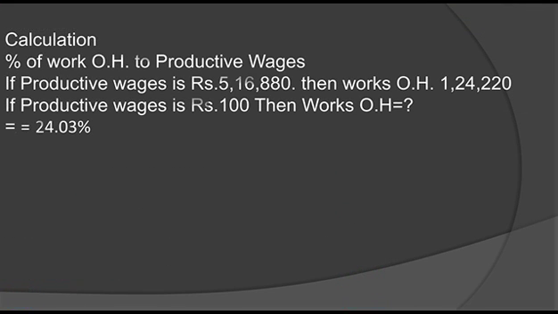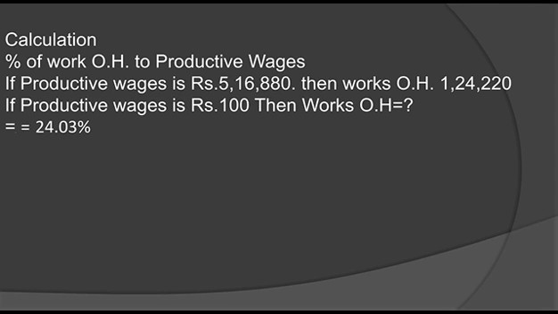So first, percentage of works overhead to productive wages. If productive wages is rupees 5,16,818, then works overhead is rupees 1,24,220. Then if productive wages is 100, how much will be the works overhead? And therefore its calculation is 24.3%.